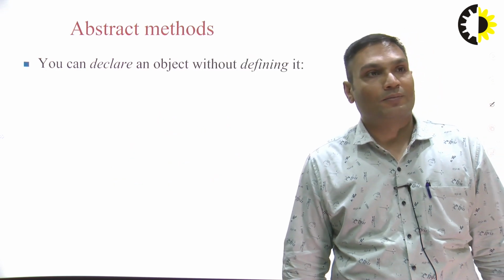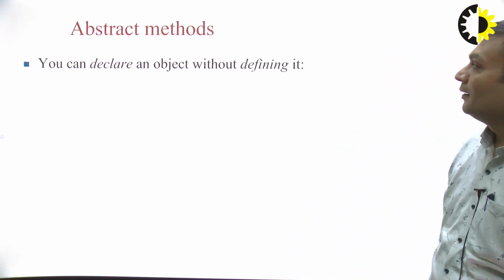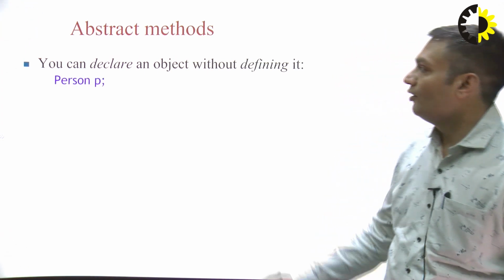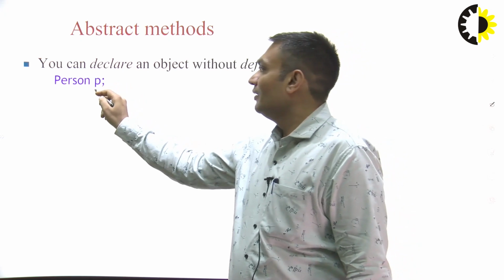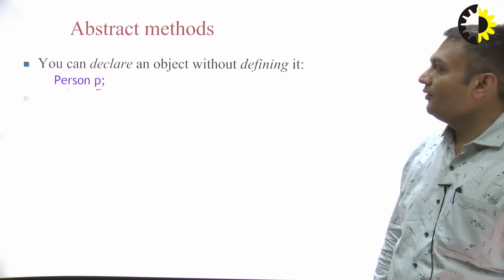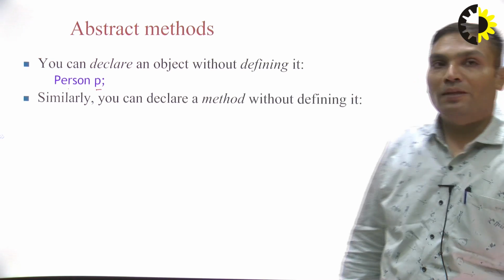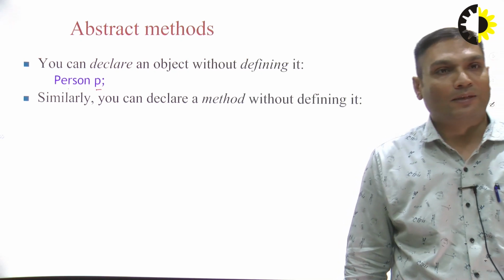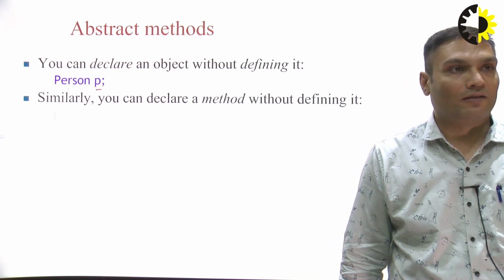So, what is an abstract method? You can declare an object without defining it. Like I want to define an object that belongs to a class Person, so we can declare it. In a similar way, a method can be declared without defining its body.